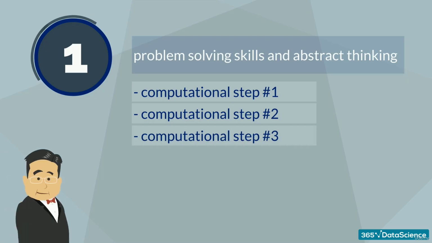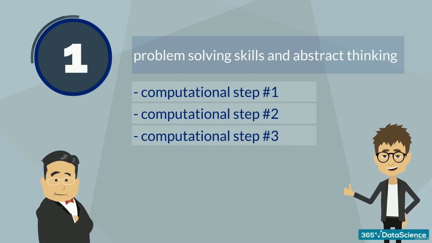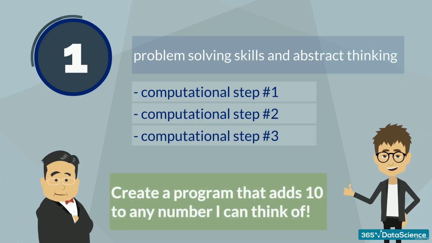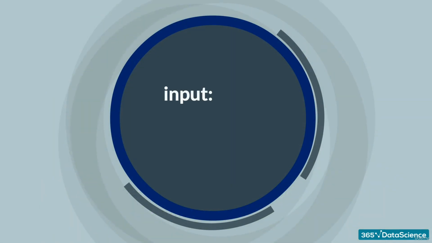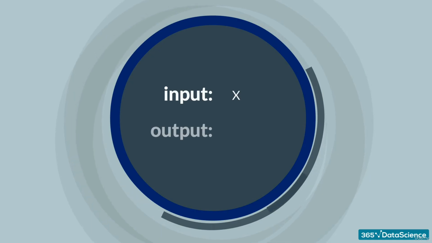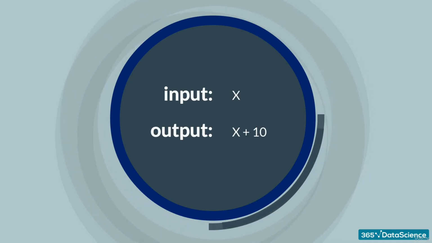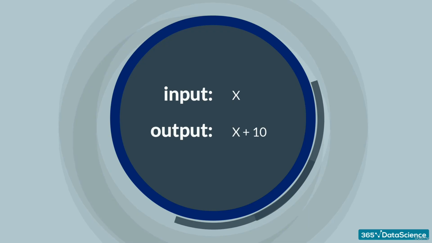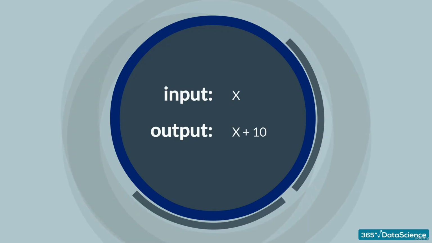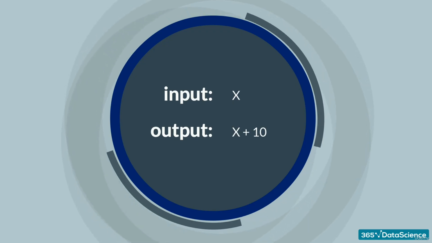For example, John is asked by his boss to do the following: create a program that adds 10 to any number his boss inputs with the keyboard. The correct reasoning would be, if x is the unknown provided, we need an output of x plus 10. After you have created these steps, with the help of a programming language, you will type in beautifully organized lines of code.